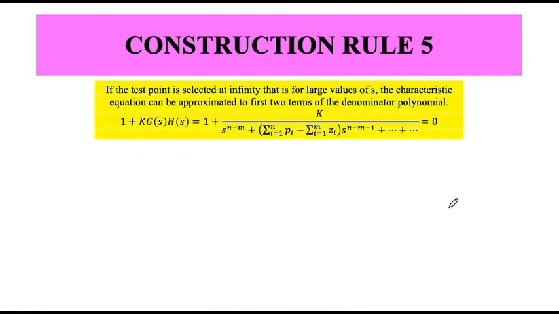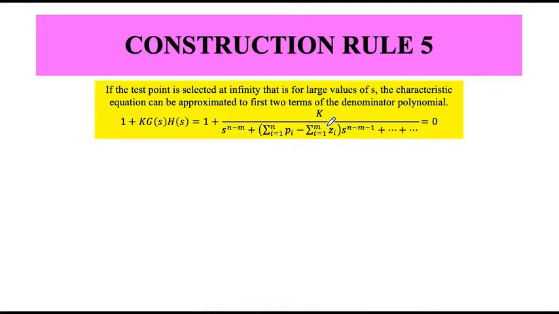So my characteristic equation can equivalently be written as 1 plus kGH, which is 1 plus k times s^(n-1) over s^(n-1-n) equals 0, where the coefficients are set by the nature of the poles and zeros.